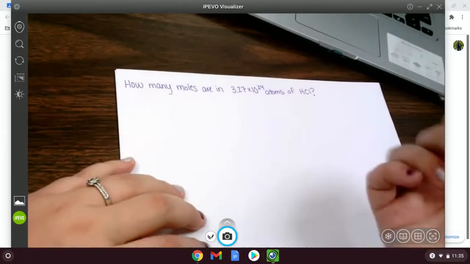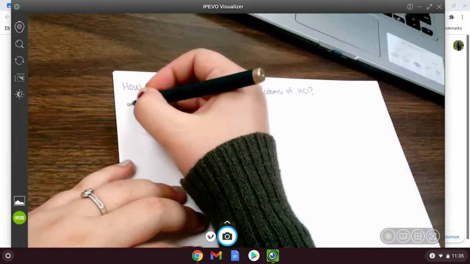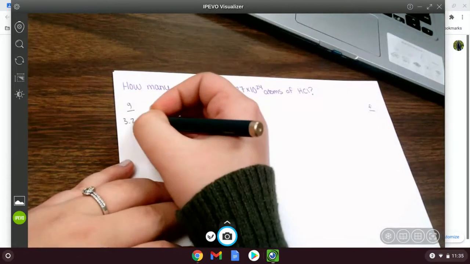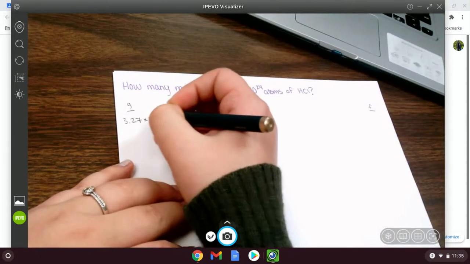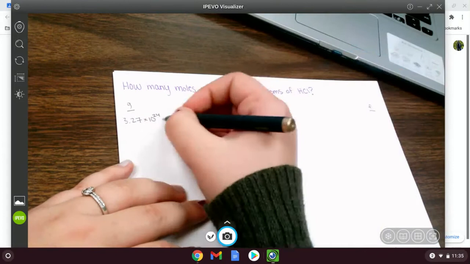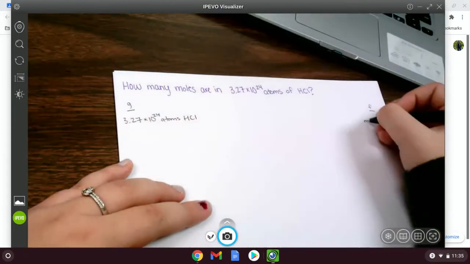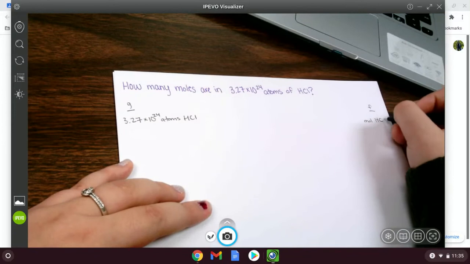Okay. So this one, we're going to start with our given and our find. We are given 3.27 times 10 to the 24th atoms of HCl. And we're trying to find our moles of HCl.